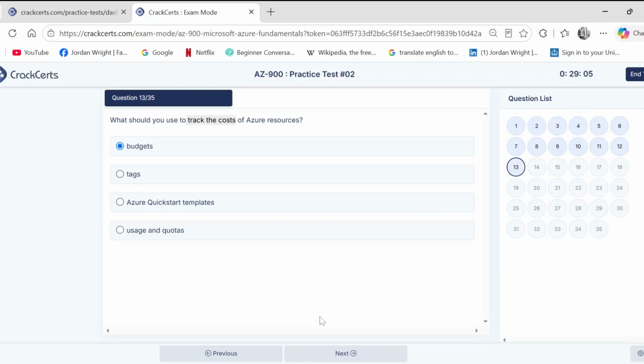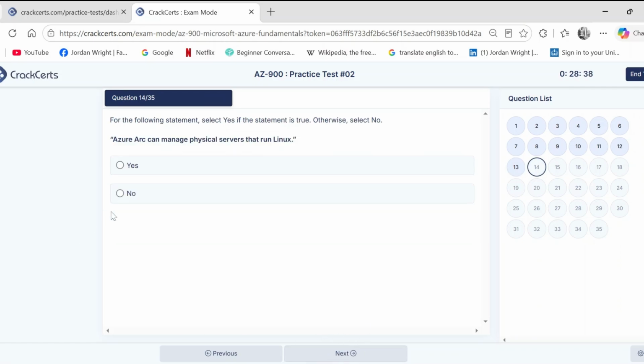Tags are great for subscription management and costs for the billing periods. So between tags and budgeting, which one would you choose for this question? Budgets. It's got to be track the costs. Yeah, it's budgets.